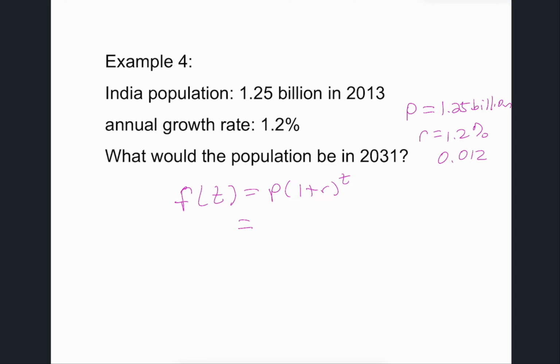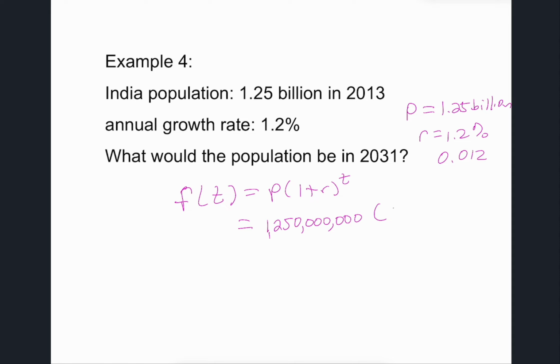So our P is going to go here. Now you can just leave it 1.25 as long as you tack on the word billion, or you have to make sure that you see 9 places for the billion.